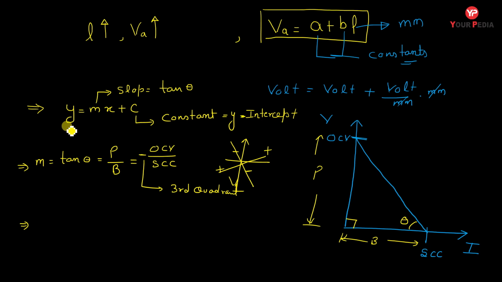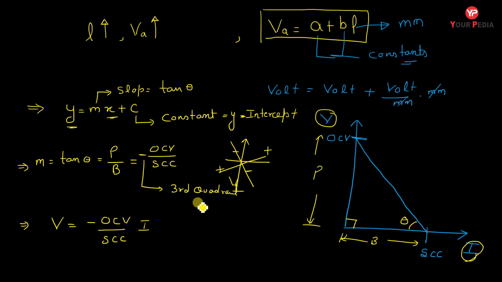Now here the term is y, but the y-axis here we replace with voltage. So we can write V equal to slope, minus open circuit voltage divided by short circuit current, into x, but the x-axis is replaced by current I, plus c equal to y intercept.